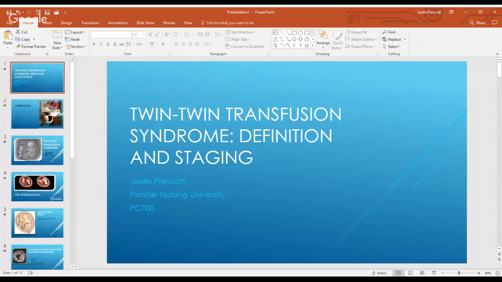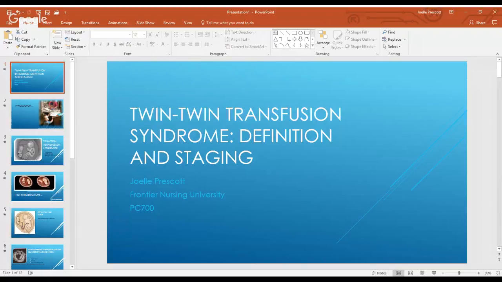The twins are staged in stages 1 through 5 in the Quintero staging system, in which an algorithm is followed to properly diagnose, manage, and treat both twins. For the donor and the recipient to begin the twin-twin transfusion cycle, on an ultrasound, oligohydramnios and polyhydramnios are detected, and the ultrasonographer would detect a donor twin and a recipient twin.